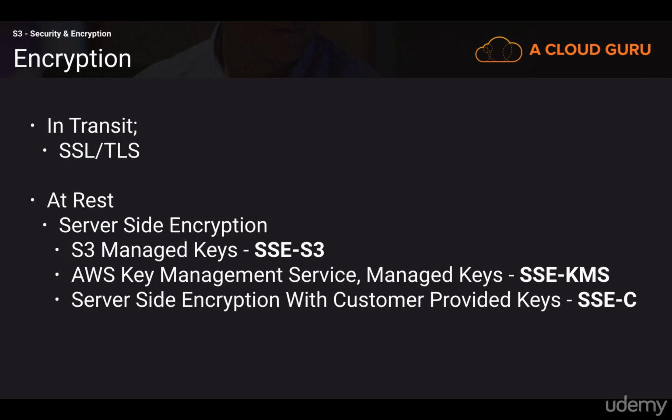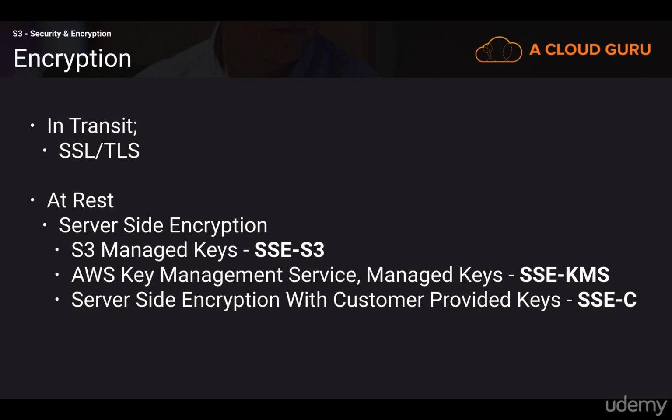Finally, the other methodology is using server-side encryption with customer-provided keys, sometimes referred to as SSE-C. This is where you manage the encryption keys, and Amazon manages the encryption as it writes to disk, and the decryption when you access your objects. But the actual management of the key is done by you yourself.